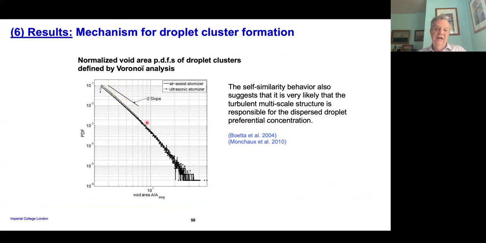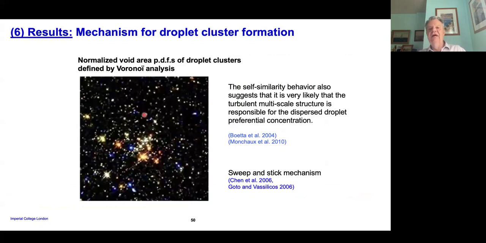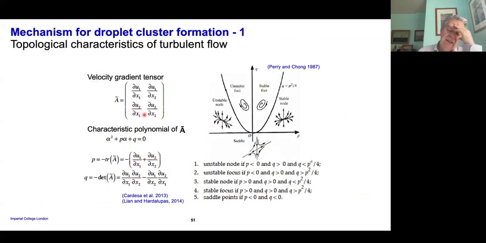And you can see also the spectra of these variations that we have from the Voronoi analysis. And we do find that you have a -2 slope, which eventually deviates from the -5/3. And on the basis of that, we can look at the mechanisms.